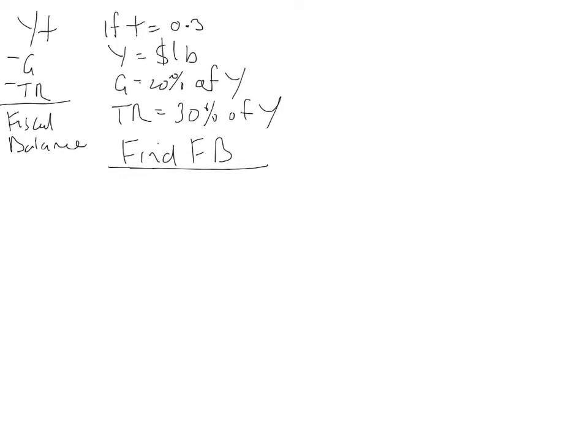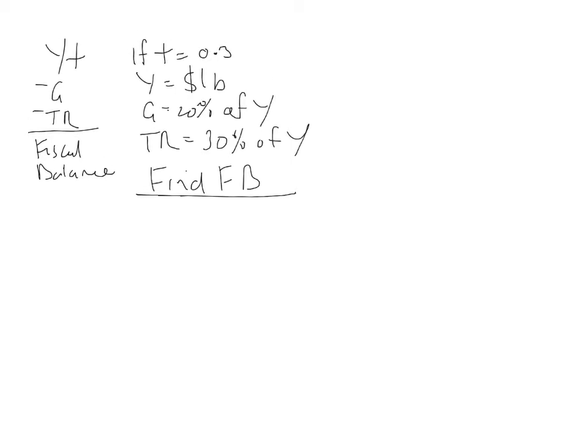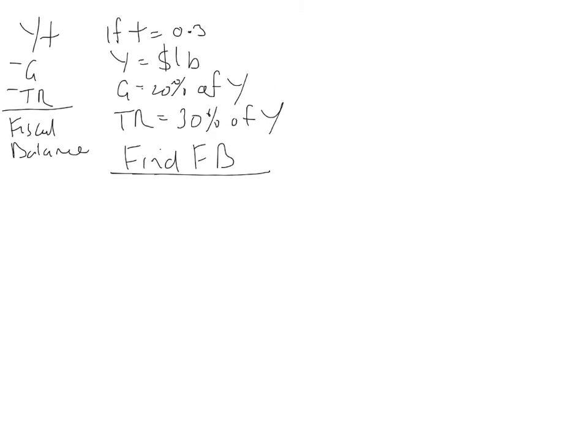Okay, so let's go and have a look. Let's work out the value for Y times T. So what we've got here is Y is 1 billion, which is 1,000 million, times 0.3.